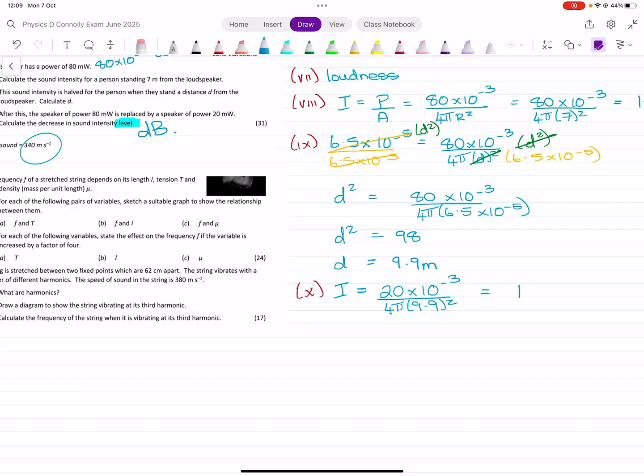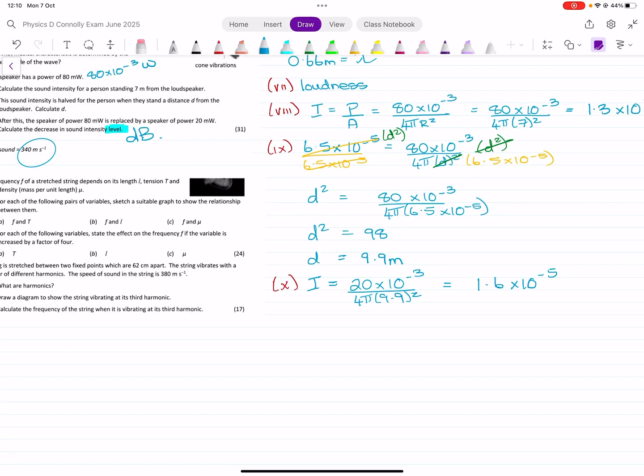So that's giving me 1.6 by 10 to the minus 5. And it was 6.5 by 10 to the minus 5, and now it's gone to 1.6 by 10 to the minus 5. So if I divide them, I get 4. So it has decreased by a factor of 4.